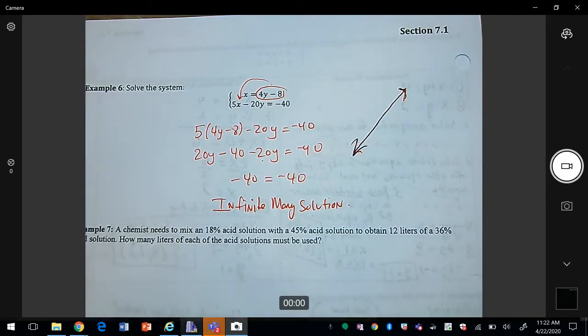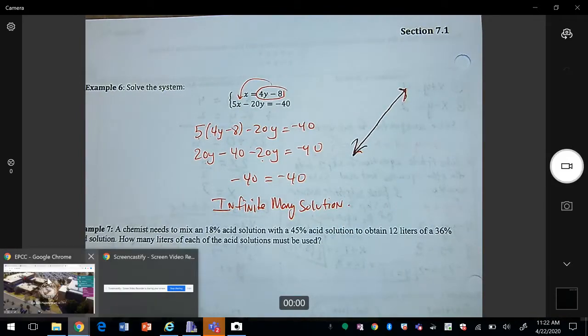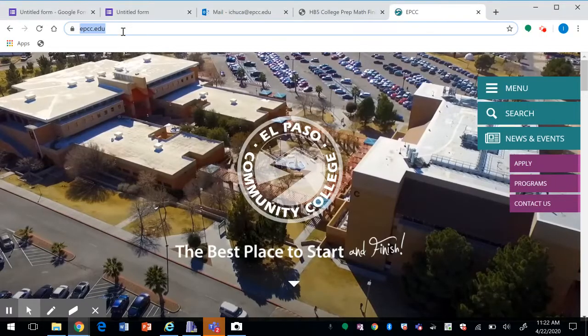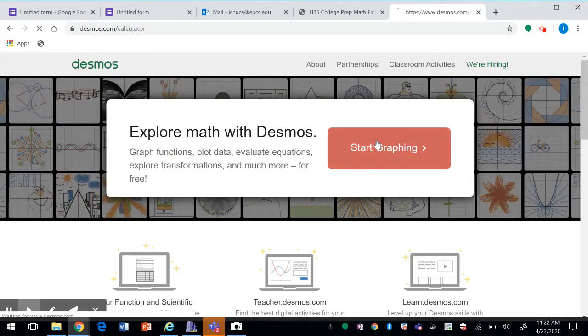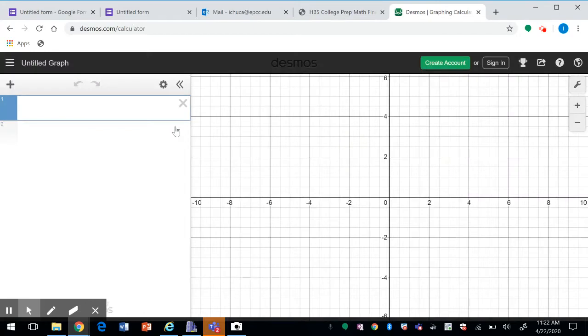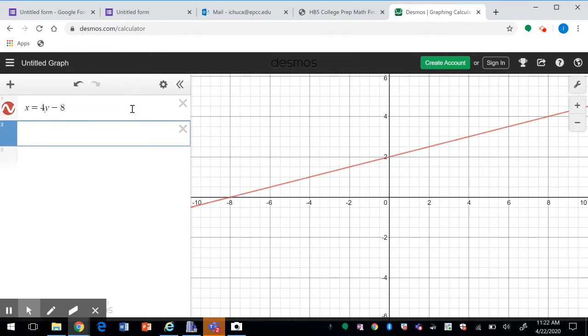Let me illustrate that with the Desmos app, so we can see the graph. Here we have x is equal to 4y minus 8. Then I'm going to put the second equation, 5x minus 20y equals -40.